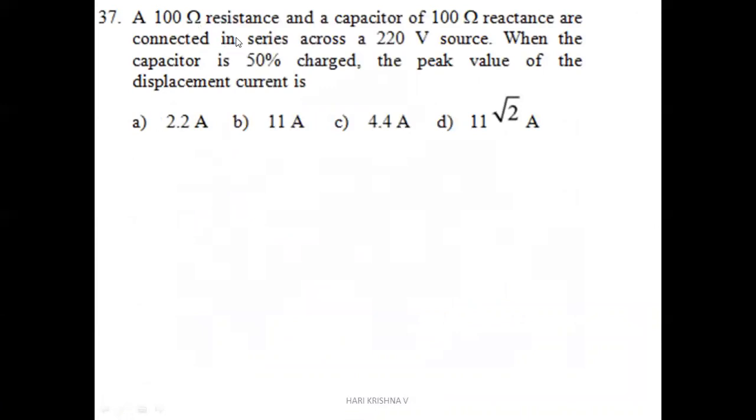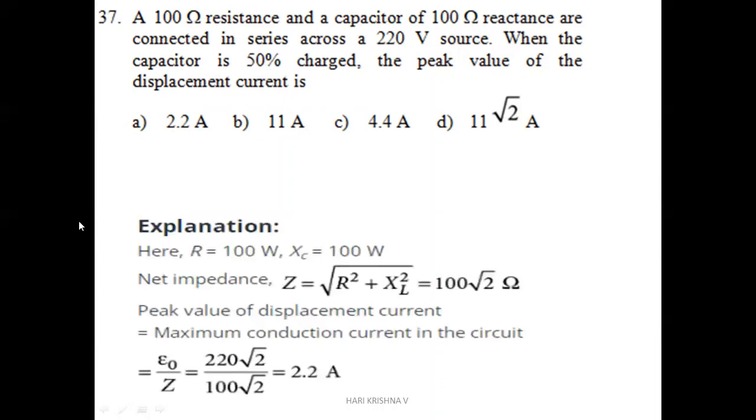Next question number 37. A 100 ohm resistance and a capacitance of 100 ohm reactance are connected in series to a 200 volt source. When the capacitor is 50% charged, the peak value of displacement current is? So here R is 100, XC is 100. They are using only a capacitor and resistor, so it is an RC circuit.